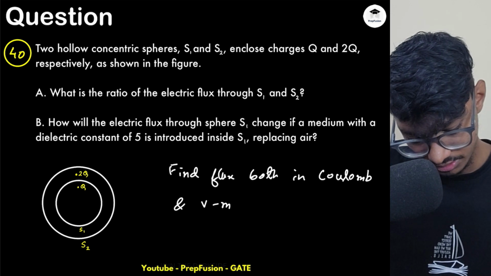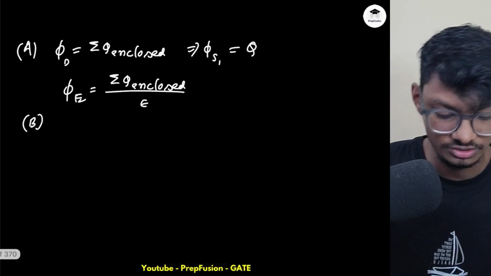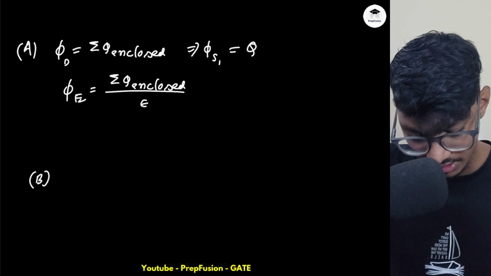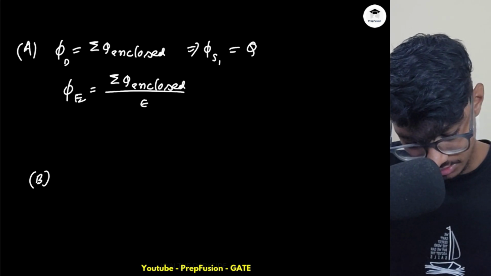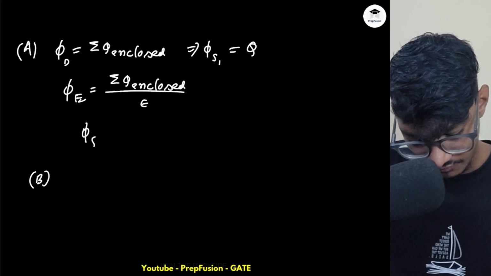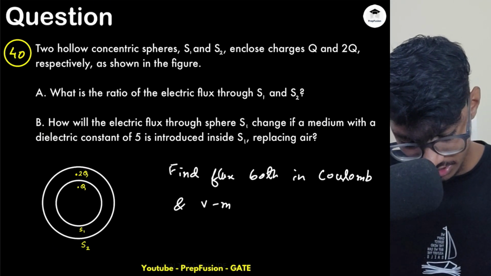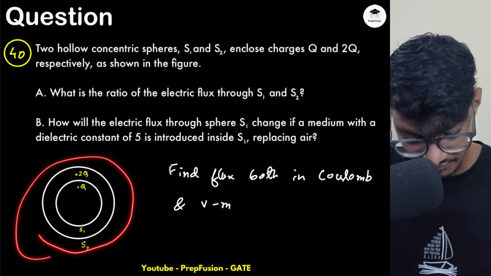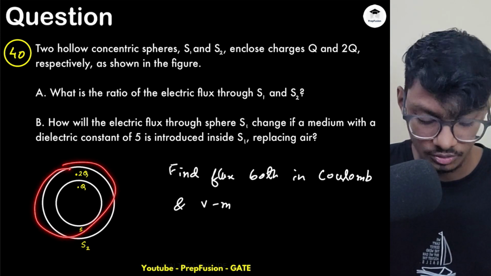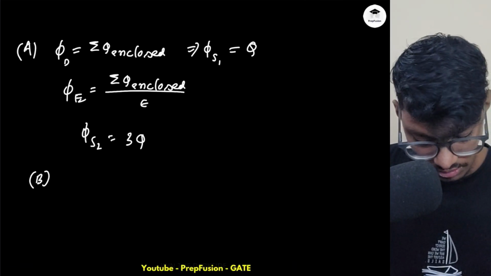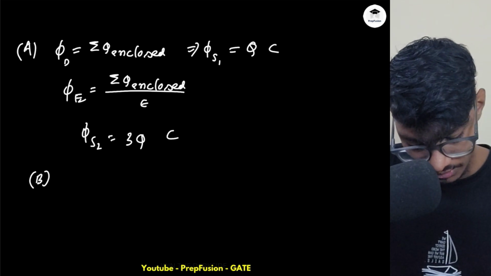Epsilon they haven't mentioned. So what is the ratio of electric flux through S1 and S2? It doesn't matter, because in the ratio epsilon will get cancelled. So this is phi S1, and phi S2 is Q plus 2Q, because the total charge is enclosed in this whole Gaussian surface. If I take a Gaussian surface here, it is a sphere, so it will be 3Q coulombs.